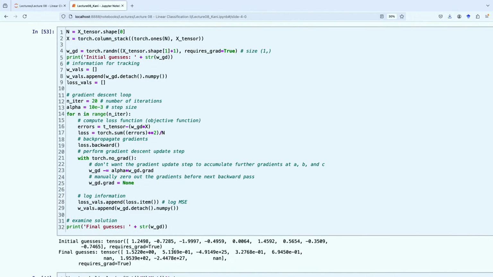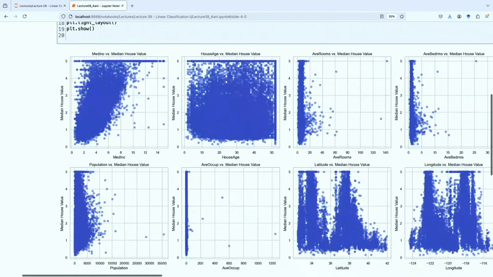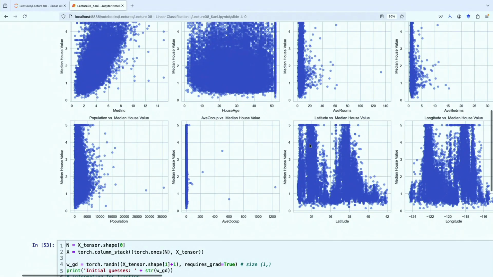Median income to house value is 0.5, which actually makes a good amount of sense. The rest of these are absolute garbage, especially the latitude and longitude values, which makes sense. So linear models aren't always appropriate. And most of life is not linear, especially when you're gathering stupid variables like this.